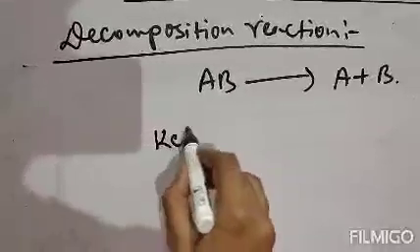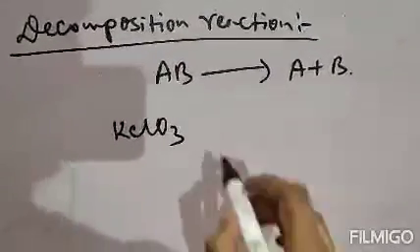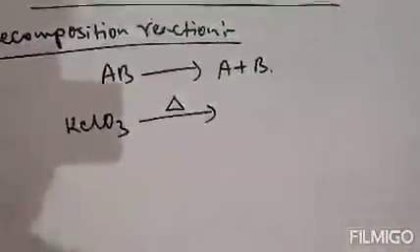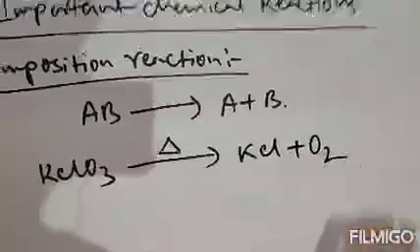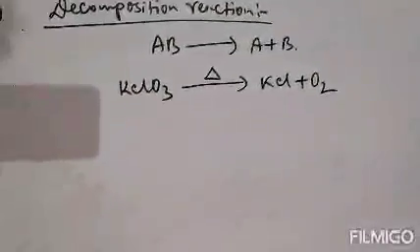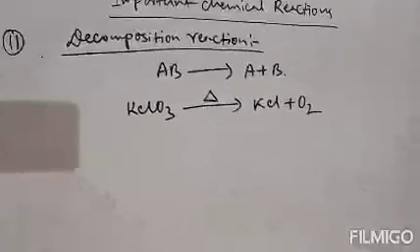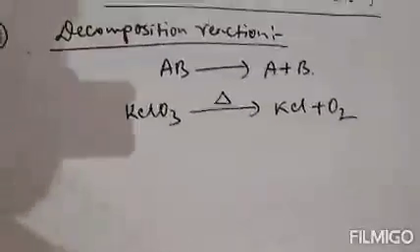Let's take examples to understand better. Suppose KClO3, this is potassium chlorate. When heat is applied to potassium chlorate, it breaks down to potassium chloride, KCl, plus oxygen.